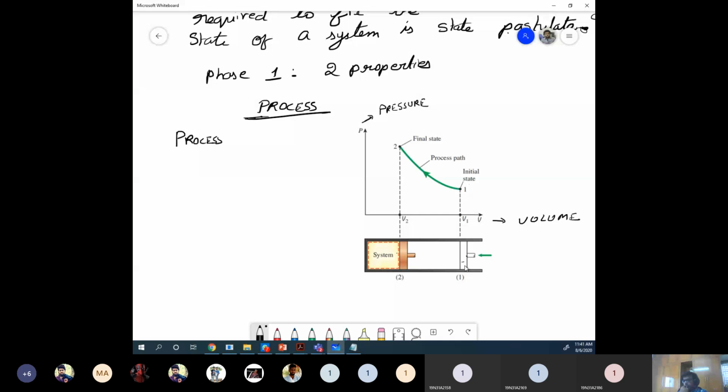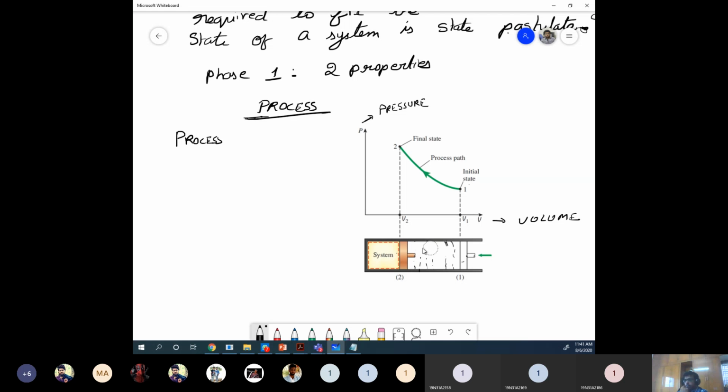This is the initial position of the piston. We are moving it slowly to different positions: initially, then after some time the piston was somewhere here, and then somewhere here.